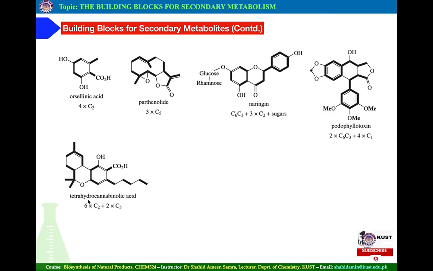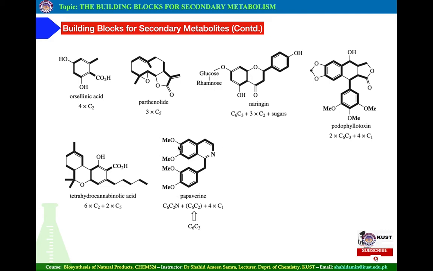Similarly, in case of tetrahydrocannabinolic acid, we have 6 C2 units that we can recognize here, 1, 2, 3, 4, 5, and 6, along with 2 C5 units that are the isoprene units. 1 isoprene unit is here and the other one is here.